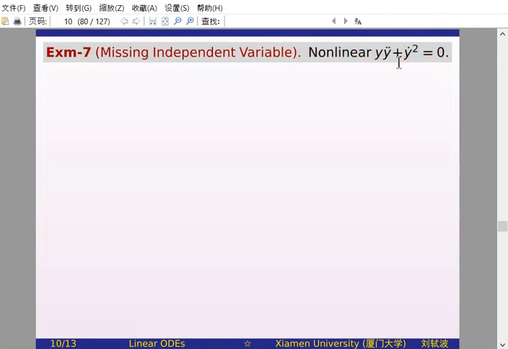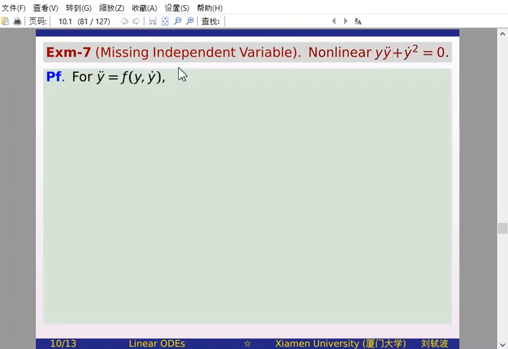So how to solve this class of equation? Missing independent variable, no t, but we have y. The general form of this class of equation is y double prime equals f of y and y prime. Then we introduce a new variable v to be y prime. When we set v to be y prime, then y double prime will be the derivative of v with respect to the independent variable t.